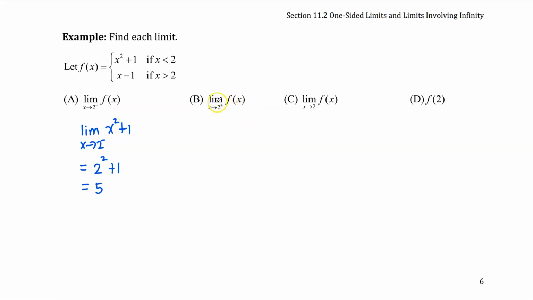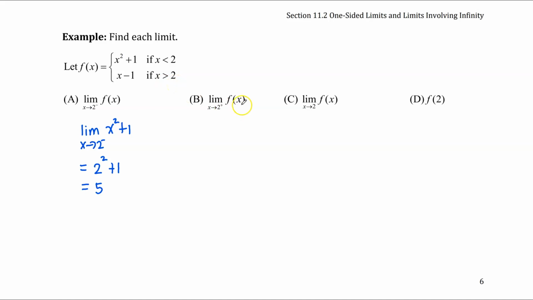Next, when we evaluate the limit of the function as x approaches 2 from the right, and the function is a piecewise function, then we will look at where we can find this interval in the definition. So x approaches 2 from the right side of 2. Right side of 2 means x is greater than 2.